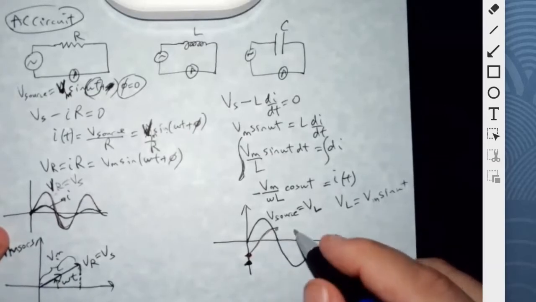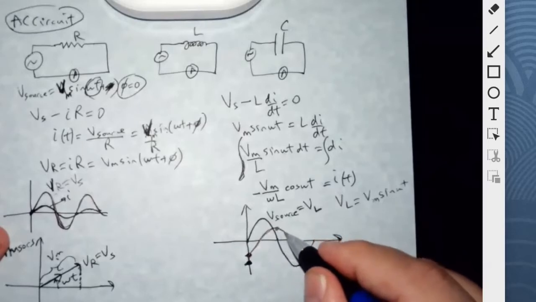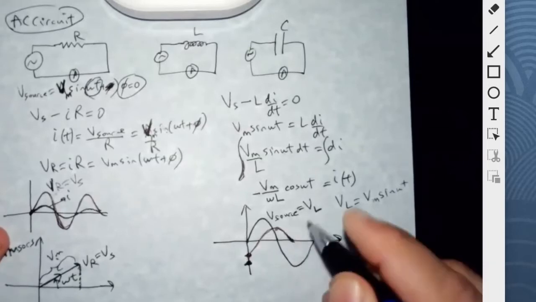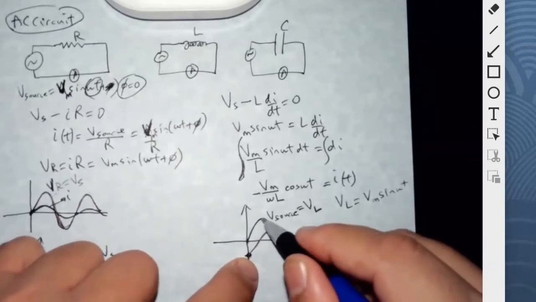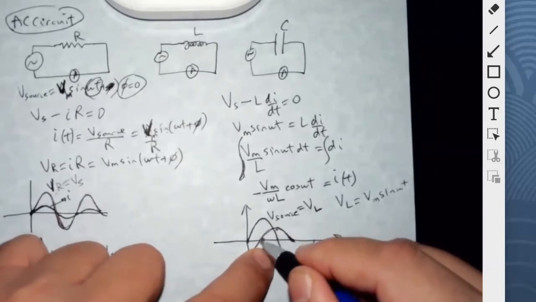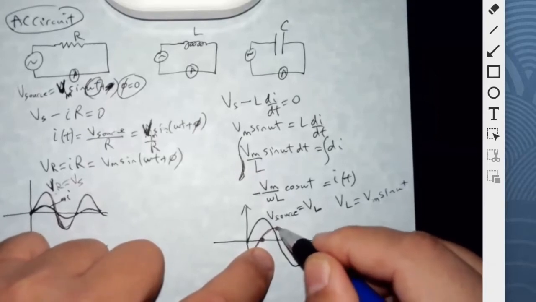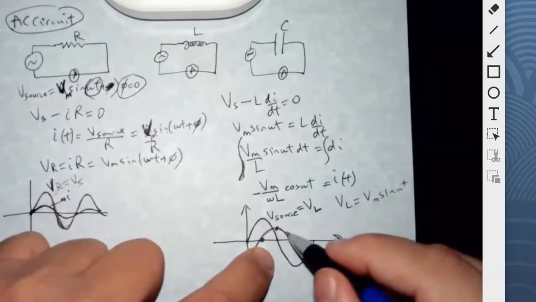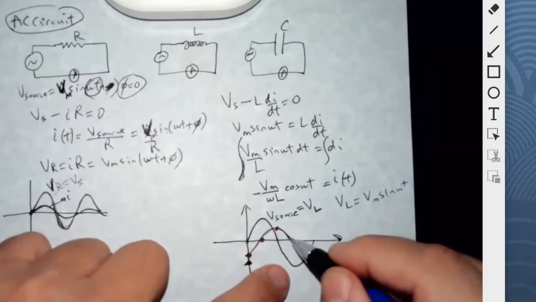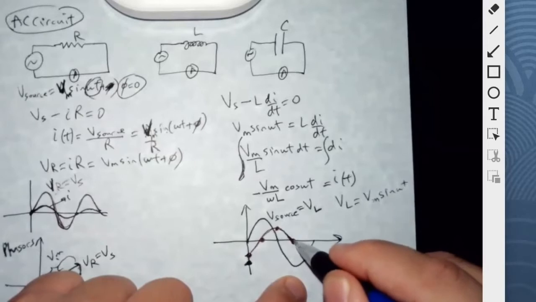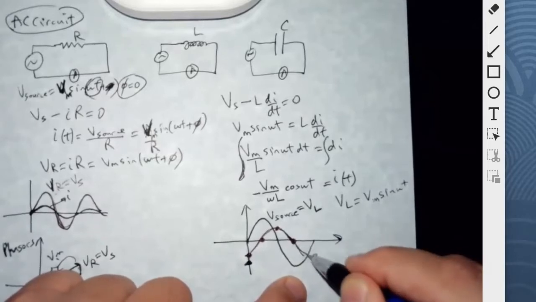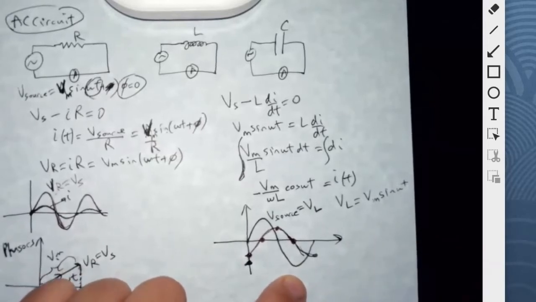So in other words, when this is 0, this is its minimum value. When that reaches max, this reaches 0. When this is 0, that reaches max. And when this reaches min, that reaches 0. And then when that reaches 0, this reaches its min again. So the current would look like that.